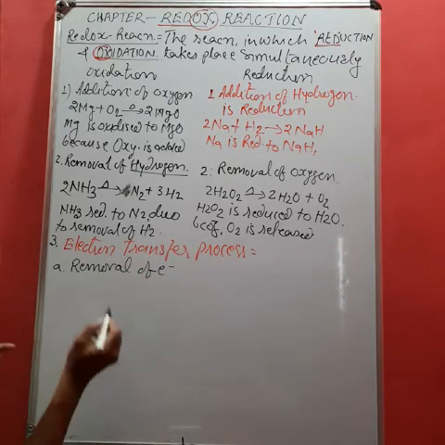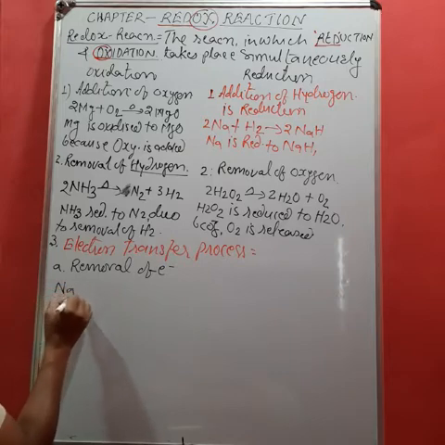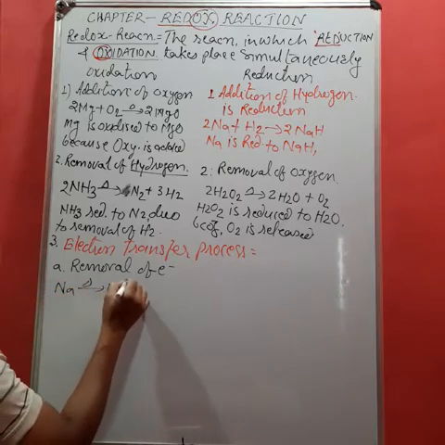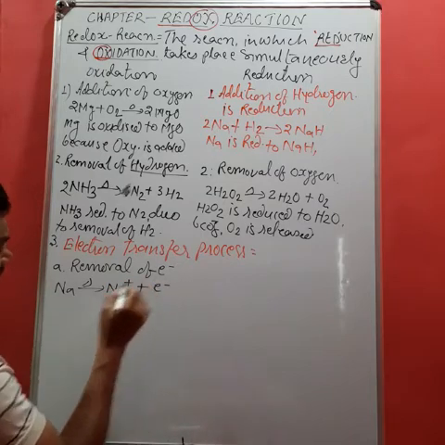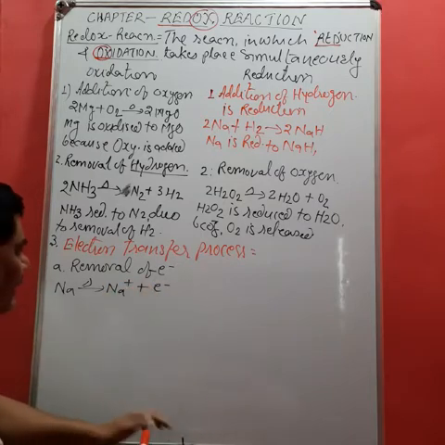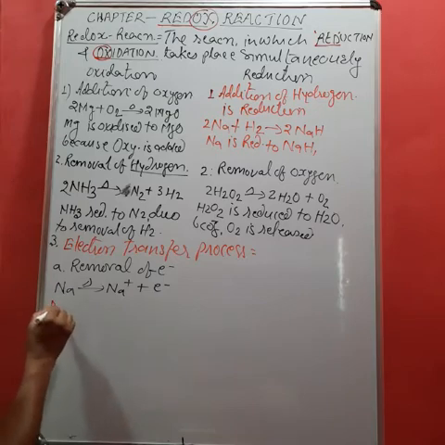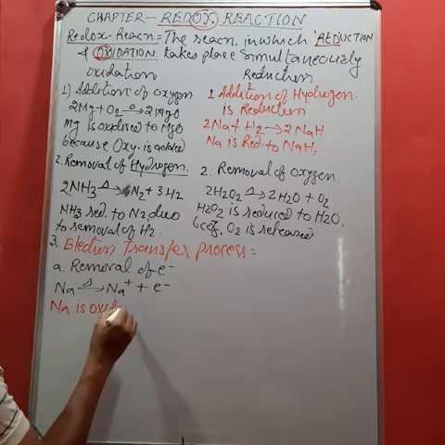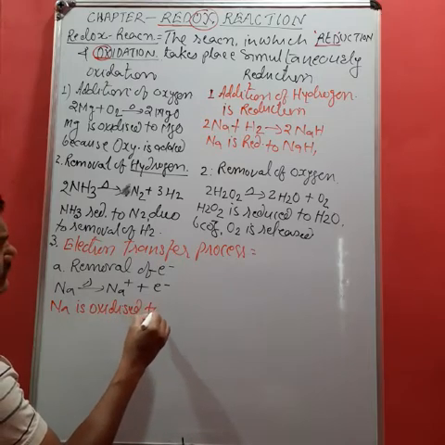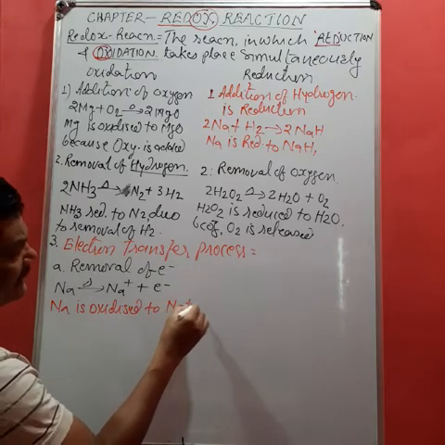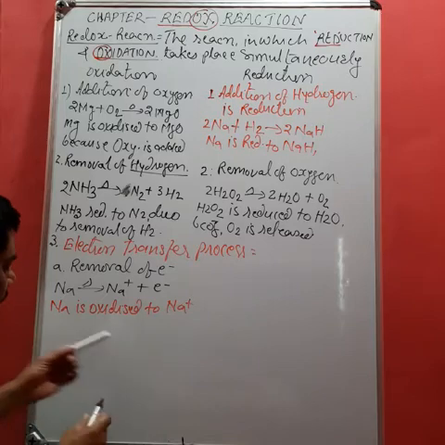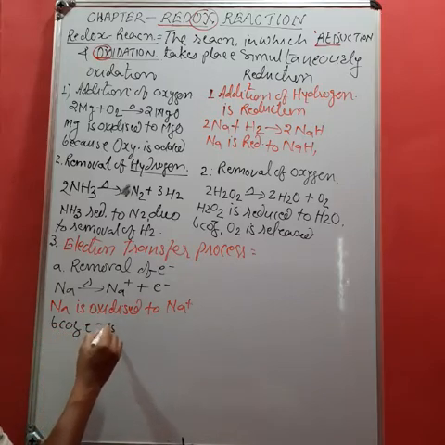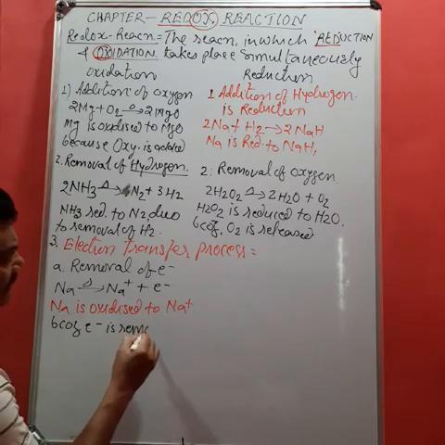So removal of electron, like when sodium or any metal is strongly heated, it converts into Na cation and e anion. So what we can say here? We can say sodium is oxidized to Na cation. Why? Because electron is removed from it.